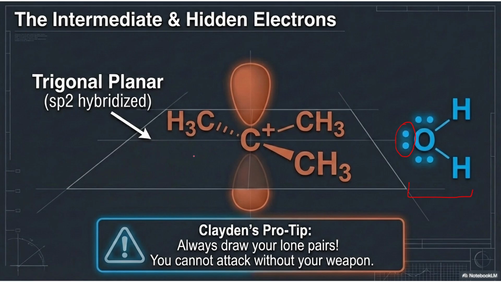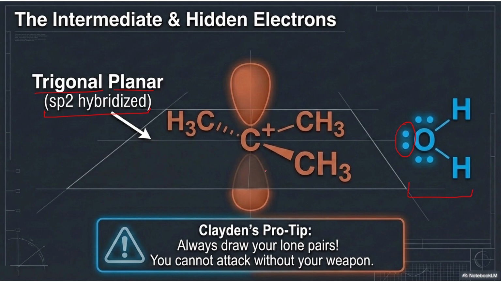Now look at the carbocation. It is sp2 hybridized, so obviously it is trigonal planar in geometry. When you see a trigonal planar geometry, all the groups are in the same plane, and there is a vacant p orbital whose lobes are above and below the plane.